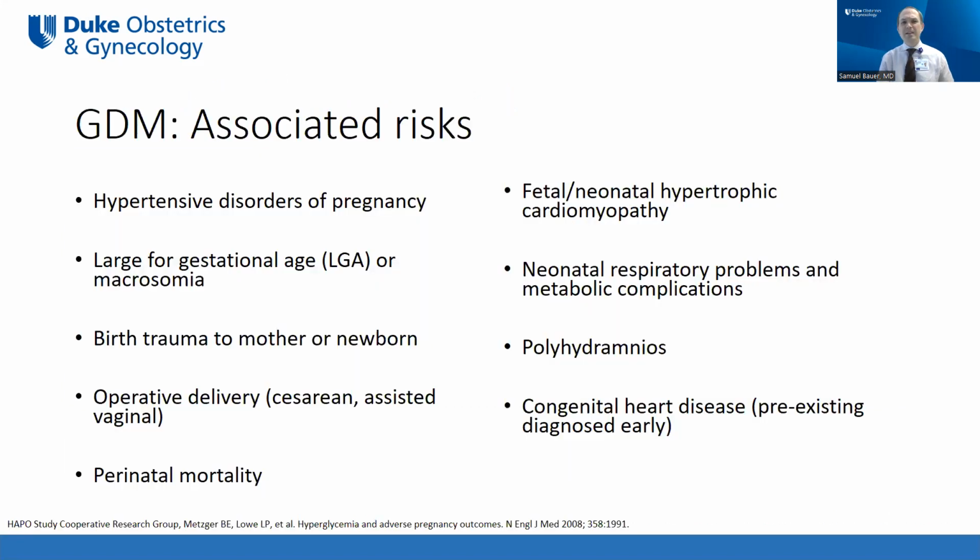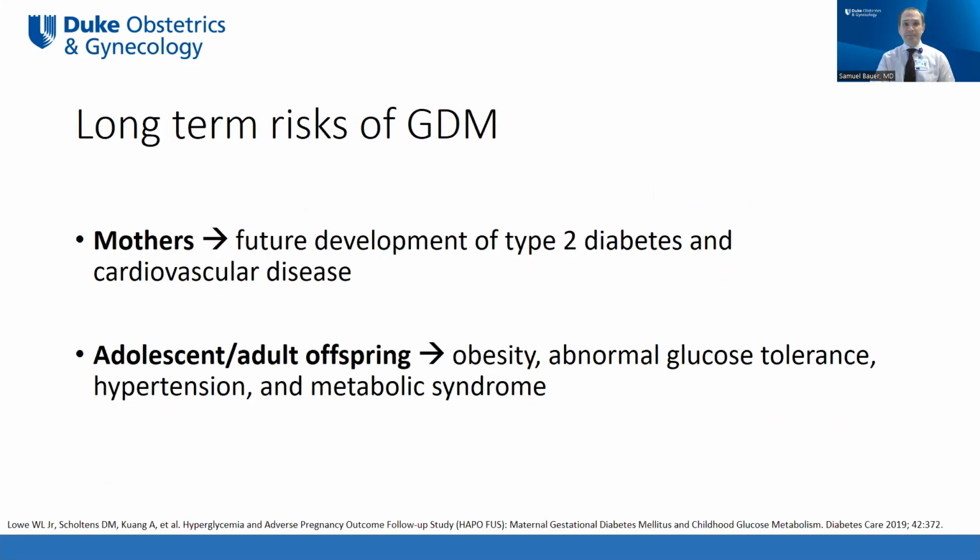As far as associated risks, we think about hypertension, a large for gestational age neonate or macrosomia, history of birth trauma, history of operative vaginal delivery, perinatal mortality. These are all things that can ultimately occur in a pregnancy when you have gestational diabetes.